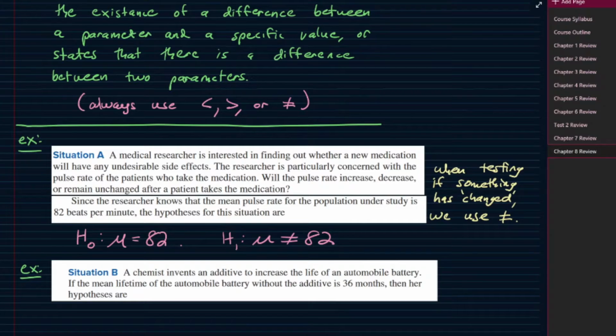Okay, so here it's very specifically saying, has it changed? Will it increase? Is the actual mean an increase of this, a decrease of this, or unchanged after they take this certain medication? And so that's when you use not equal to.